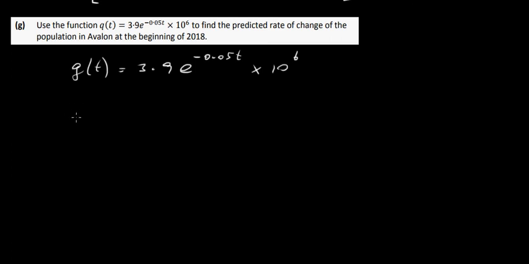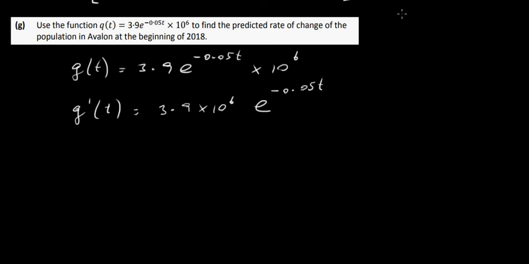So we're looking for rate of change here, so we want to differentiate this function. This here and this here we can put together, so we really end up with 3.9 by 10 to the power of 6 e to the power of minus 0.05t.